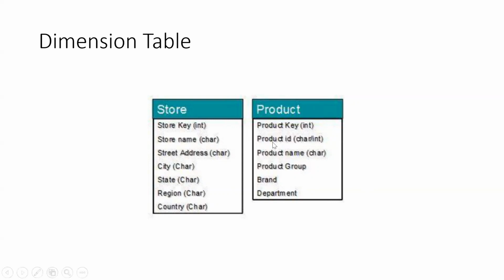This is my primary key for this product table, and it should be unique for each product. Similarly, I have different store outlets, and I'm storing them in the store table. For each record of the store table, the store key is the primary key.